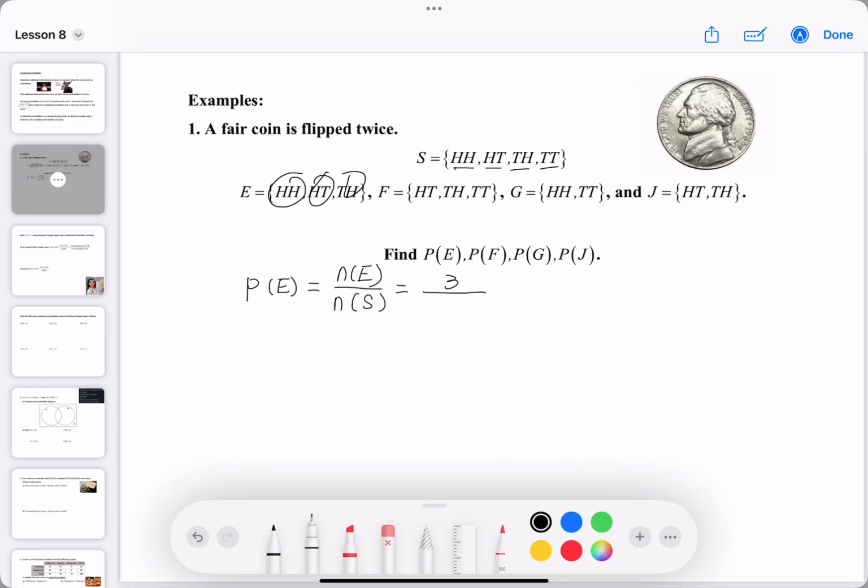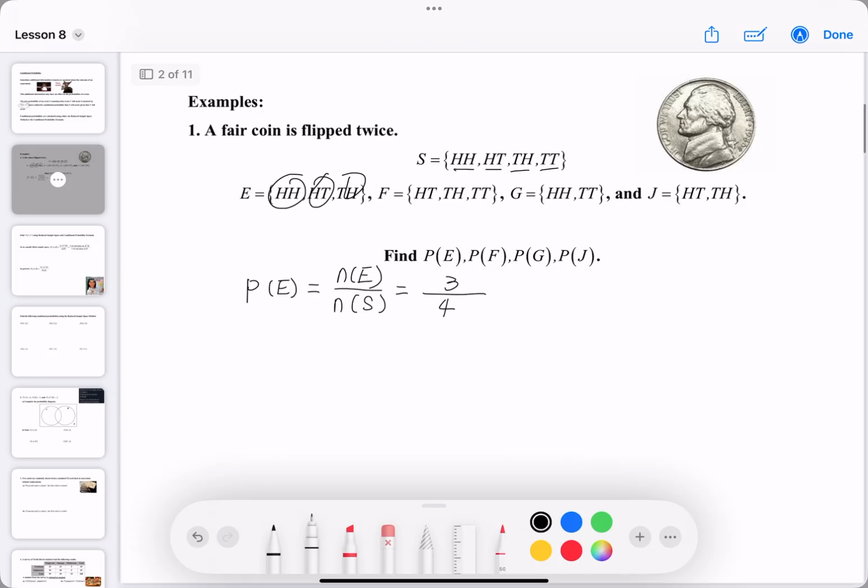The sample space has 4. So P of E is 3 over 4. How about P of F? We have learned the formula P of F equals N of F over N of S. Divided by the number of the sample space. So we have 3 over 4.